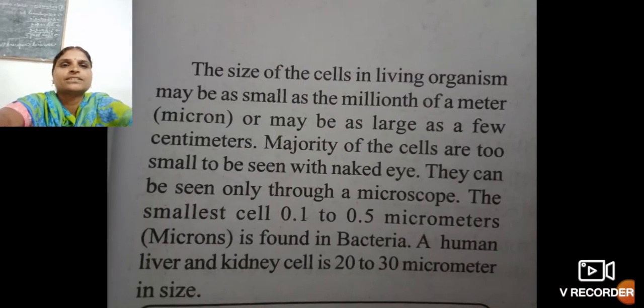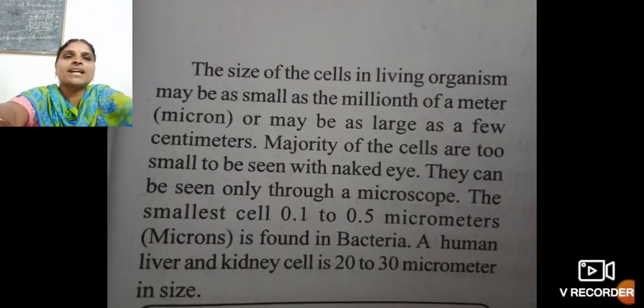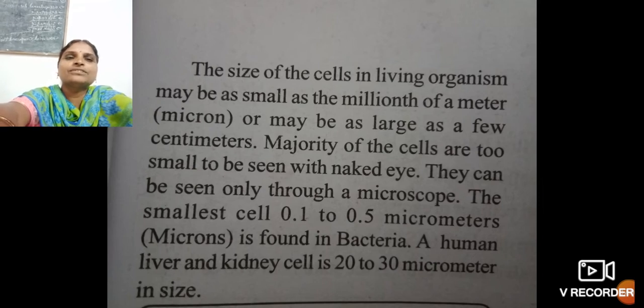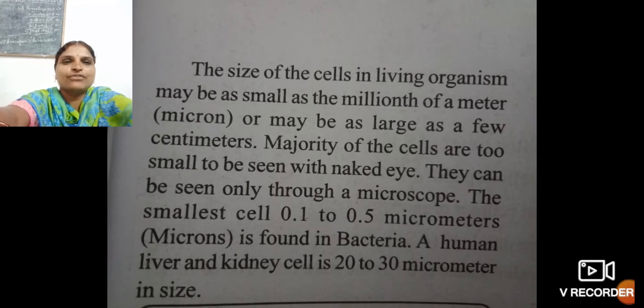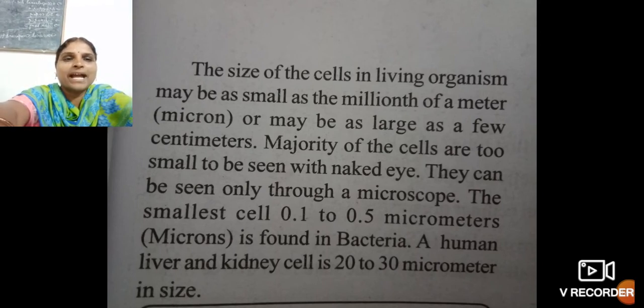The size of cells in living organisms may be as small as a millionth of a meter or as large as a few centimeters. The majority of cells are too small to be seen with the naked eye. They can be seen only through a microscope. The smallest cell, 0.1 to 0.5 micrometers, is found in bacteria.